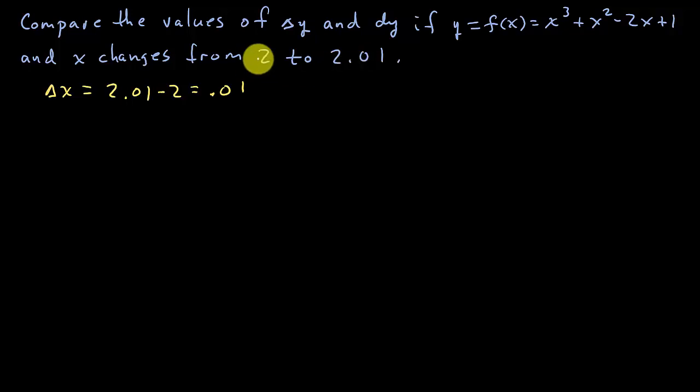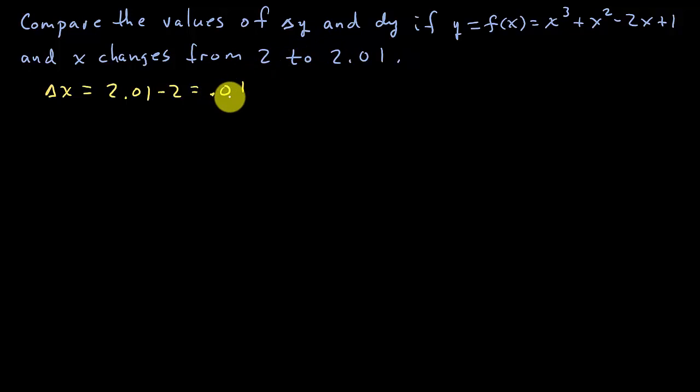A lot of times in the problems you get, they will just give you delta x and say delta x is 0.01, and then they'll give you the x value. But in this case, they give you the x value of 2, and then you have to calculate delta x because they give you 2.01. So you do 2.01 minus 2, and that gives you 0.01.